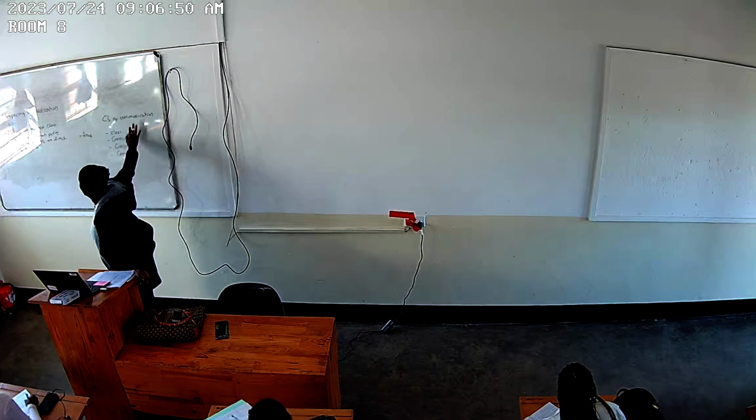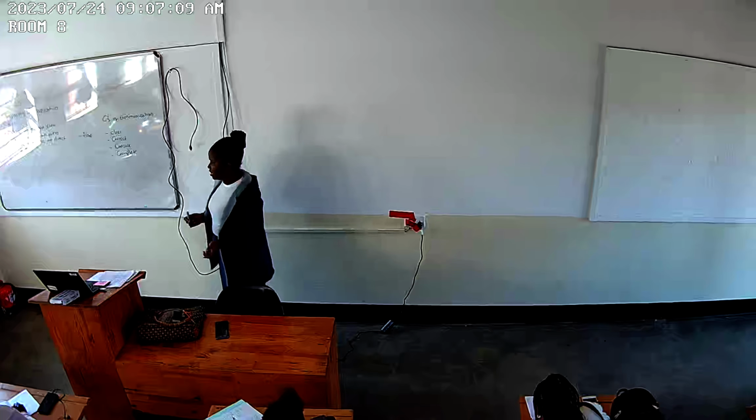So these are part of the C's of communication. There are 7, and these are just 4. We'll look at them later. So you can use the C's of communication to make your message clear.